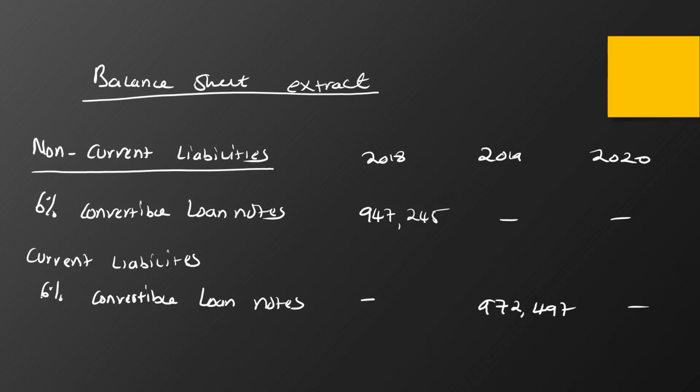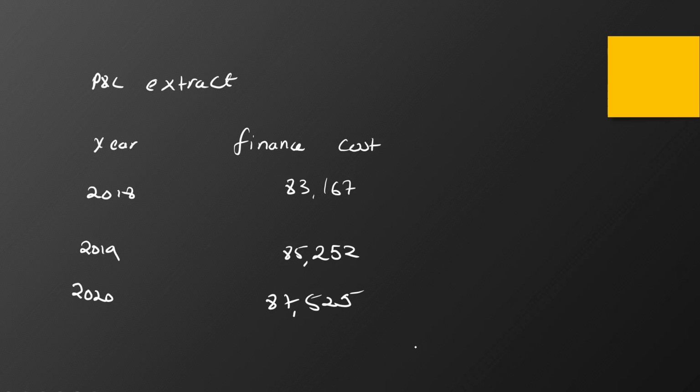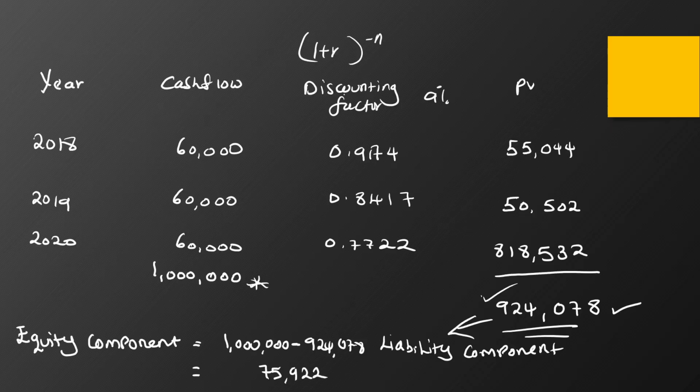Lastly, we have equity. For equity, we have the equity option. Let's go ahead and find it on our calculation. The equity component was valued at 75,922.